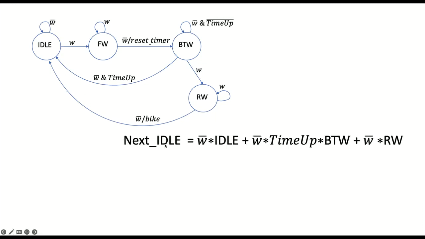I'm going to idle if I'm already in idle and W bar, or if I'm in between wheel and I have W bar, not W, and time up. And the other way I'm getting here is if I'm in rear wheel and I have not W. So those are the 3 transitions into idle, right? Okay.